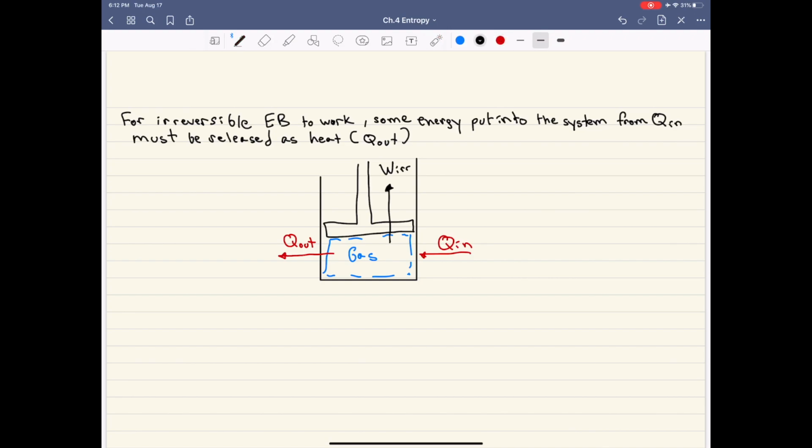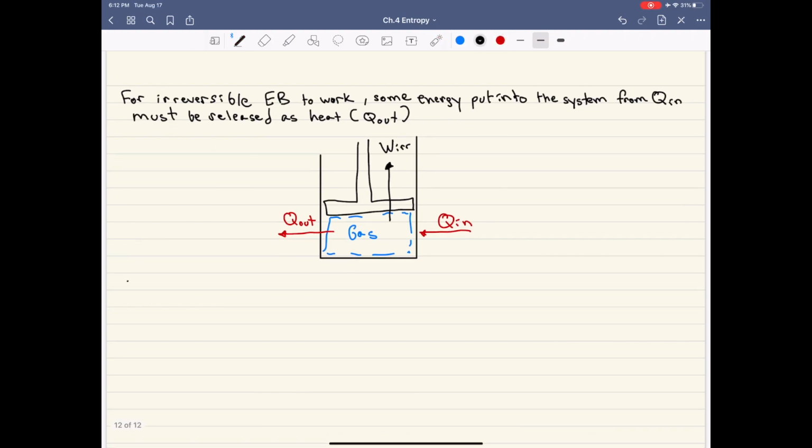If we revisit our energy balance, on the left-hand side it's still 0. On the right-hand side, we're going to have Q in plus W plus Q out, and this should be WIRR.